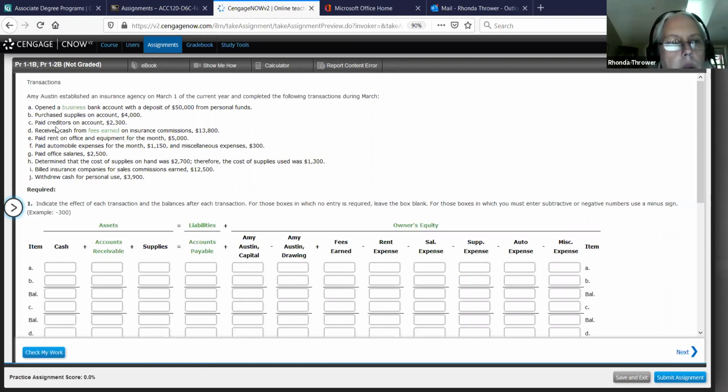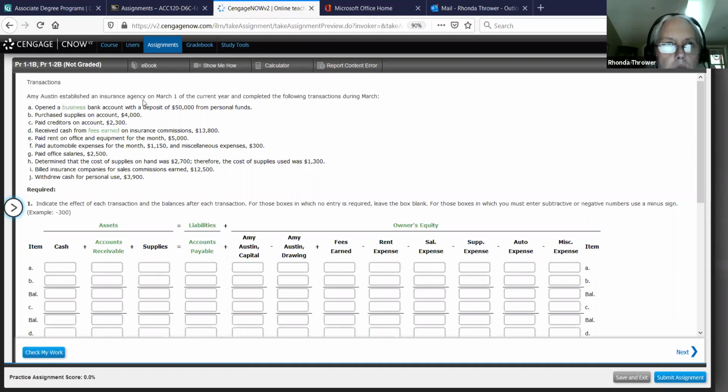Before we get started analyzing the transactions, I want you to make sure that you read the instructions properly, because a lot of times they tell you information about the problem that is going to be important to you. So in this problem, we're going to be Amy Austin, and we're establishing an insurance agency.